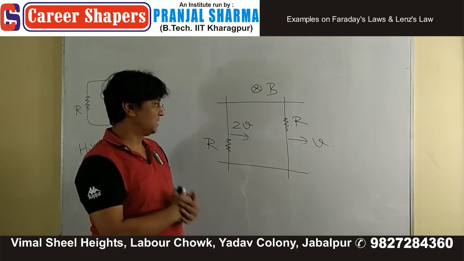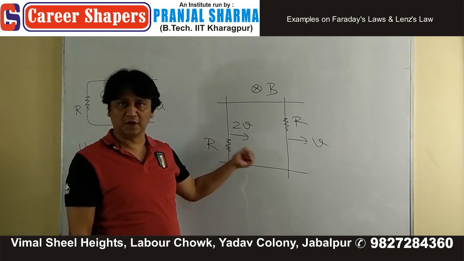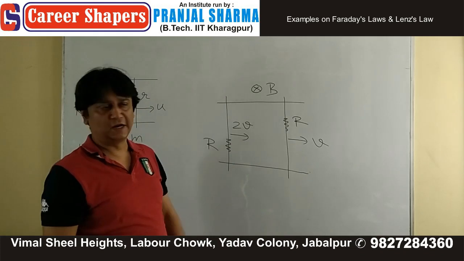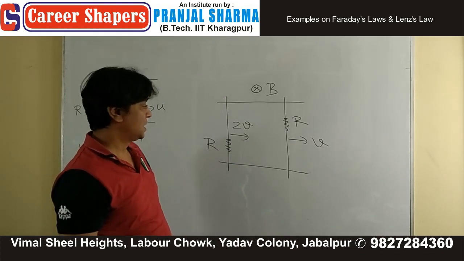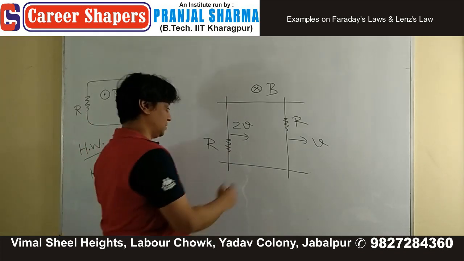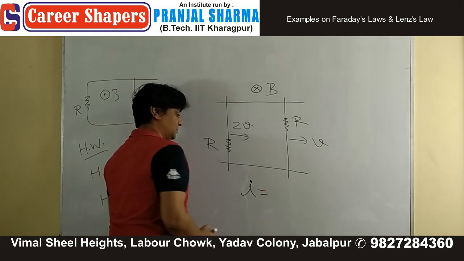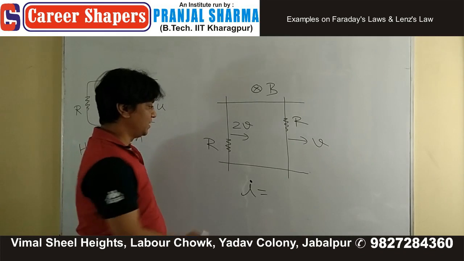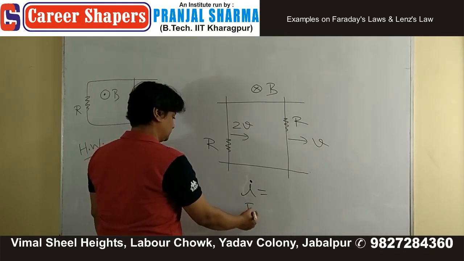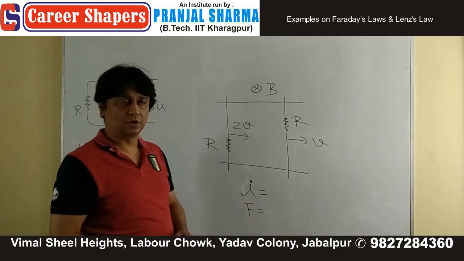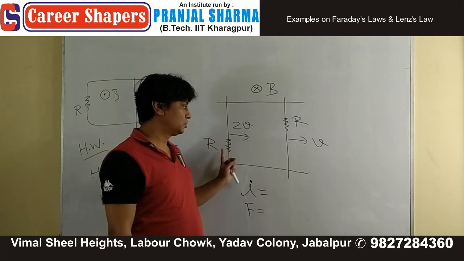First, tell me the direction of current which is present, clockwise or anti-clockwise, and then give me that current also. And finally, you need to write force with proper direction on both rods.